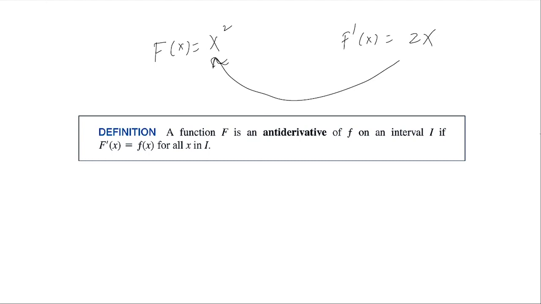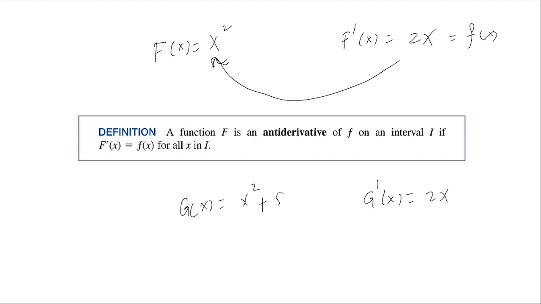So a function capital F is an antiderivative of small f. In this case, small f is 2x, if the derivative of this function is 2x. But if you look at another case, let's say g of x, which is x squared plus 5, the derivative of this function g of x is also 2x.